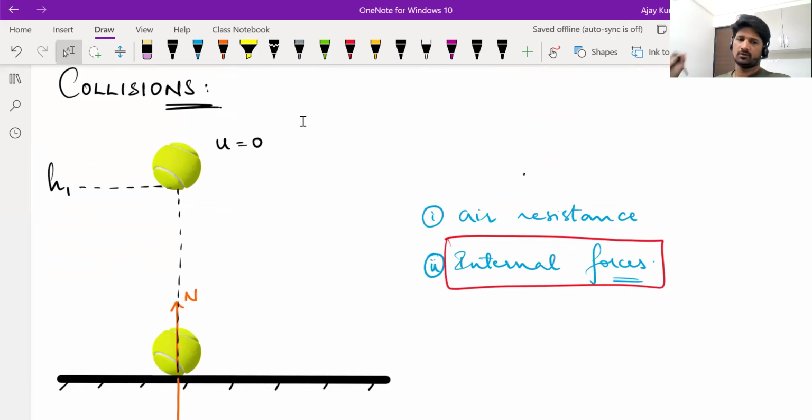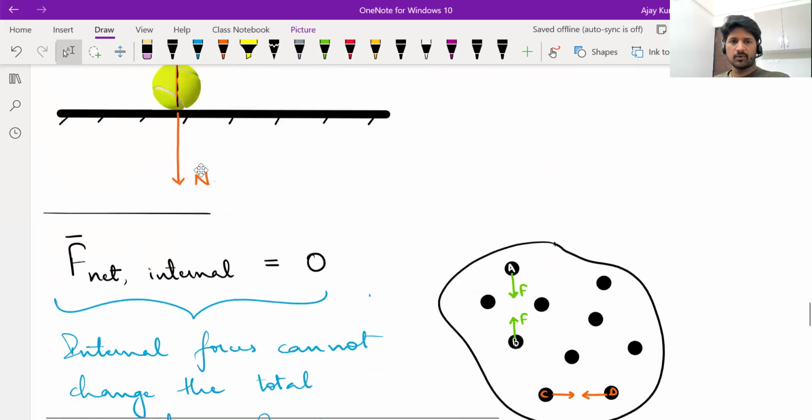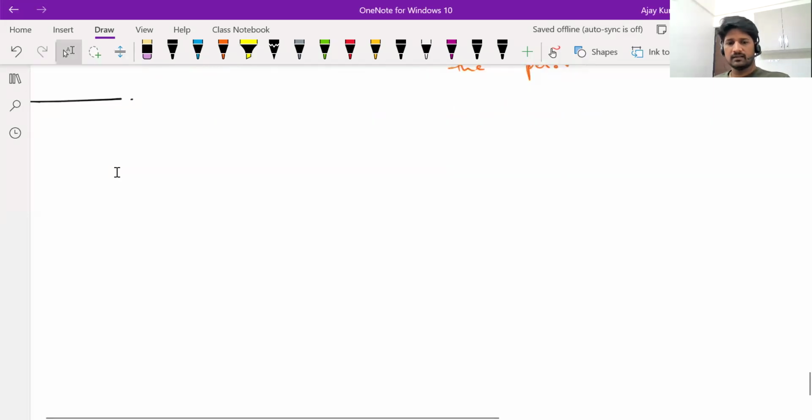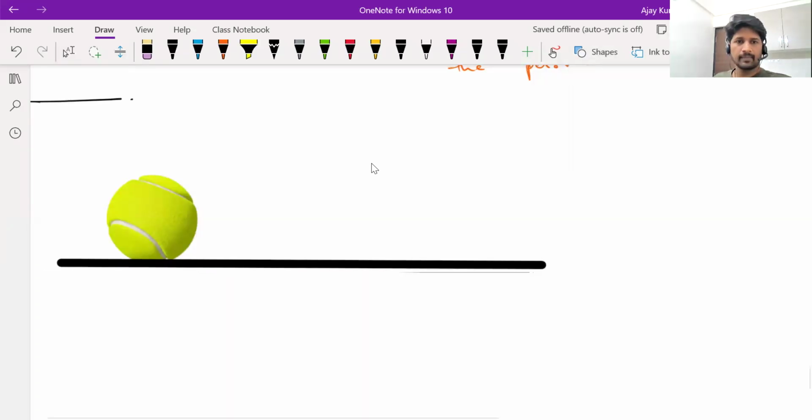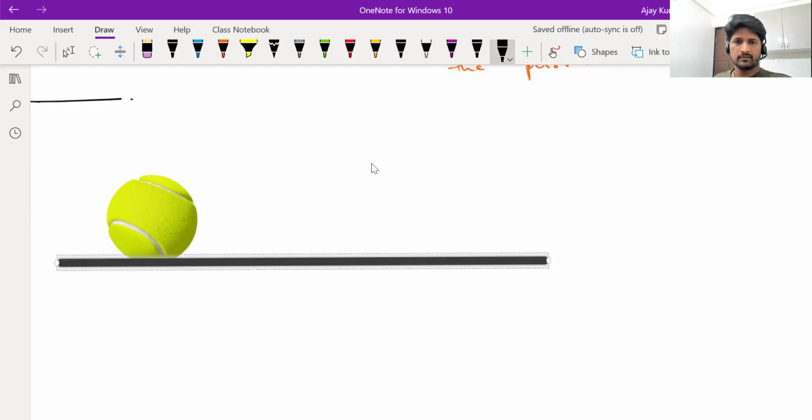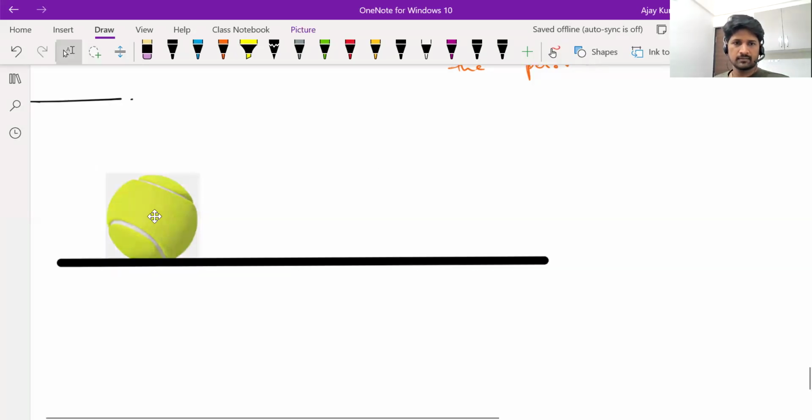When you drop a ball on the ground, the ball, when it hits the ground, undergoes some deformation. The ball gets compressed. Consider this. Let's say this is when the ball just touches the ground.